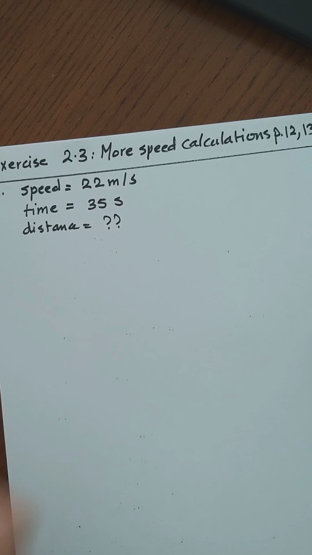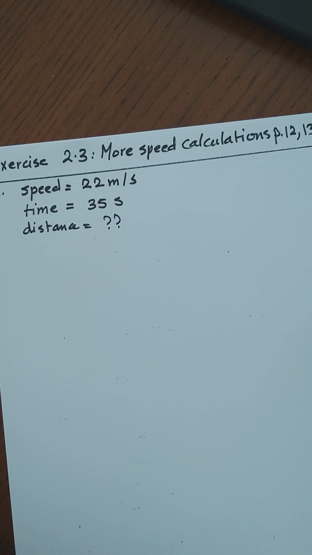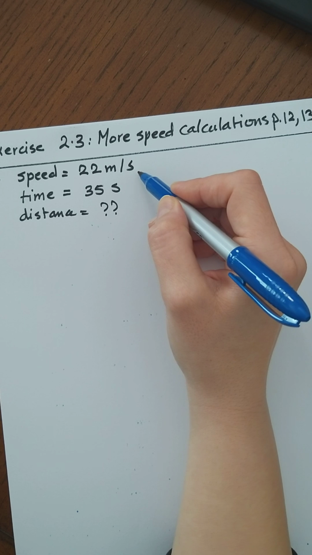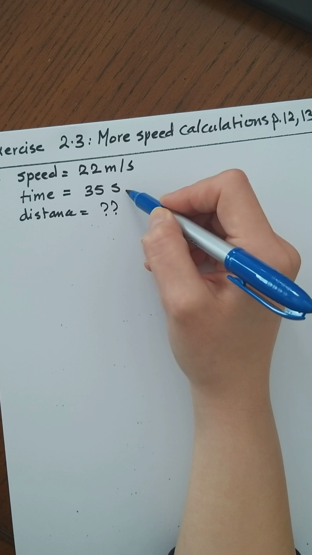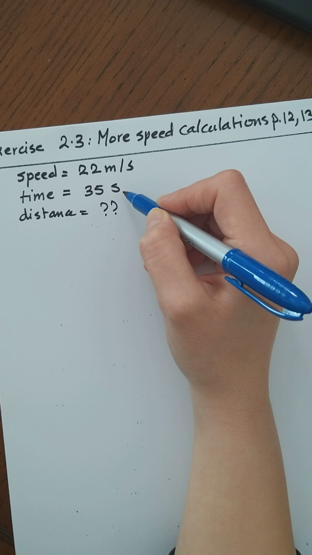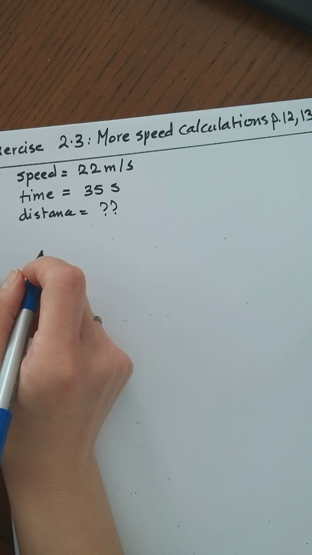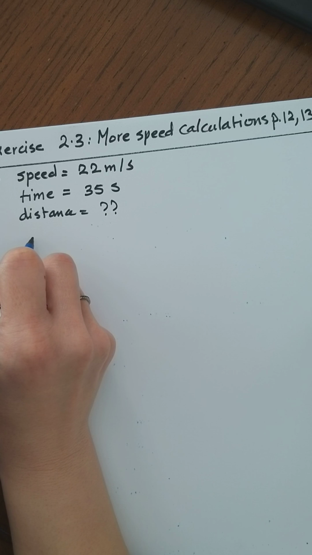The first question: a car is moving at 22 meters per second. How far will it travel in 35 seconds? So this is a simple question. It's moving at 22 meters per second. This is the speed. How far, the distance, will it travel in 35 seconds? It's spending 35 seconds. So a straightforward question. We have to rearrange the speed formula.